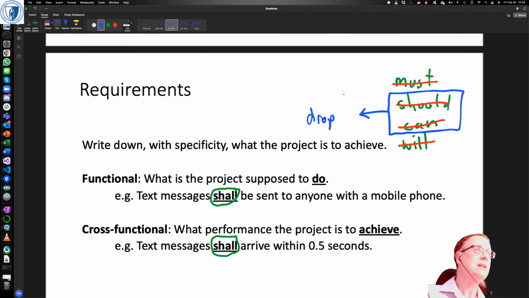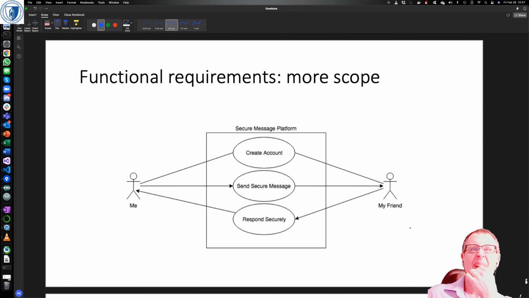And once we've done the down select, we'll try and do an exercise for each group to come up with your use case diagrams. Right, and sometimes when you start doodling, you realize, oh, I need something else in there. So now we've decided that our secure message platform needs to be able to create accounts.